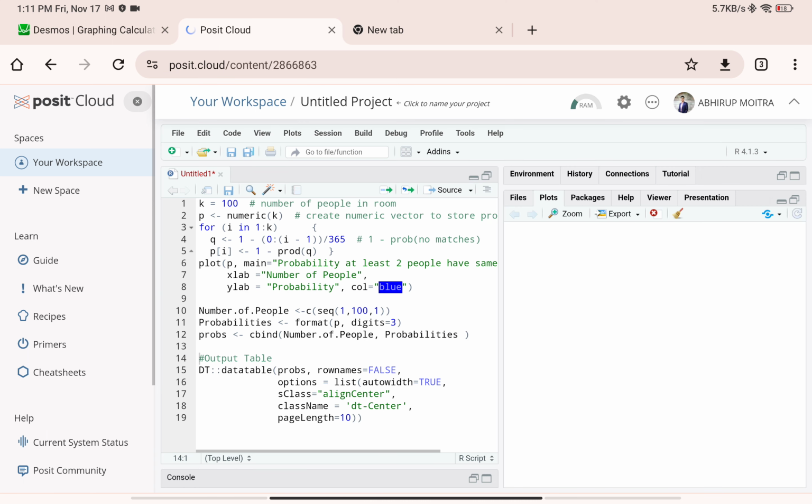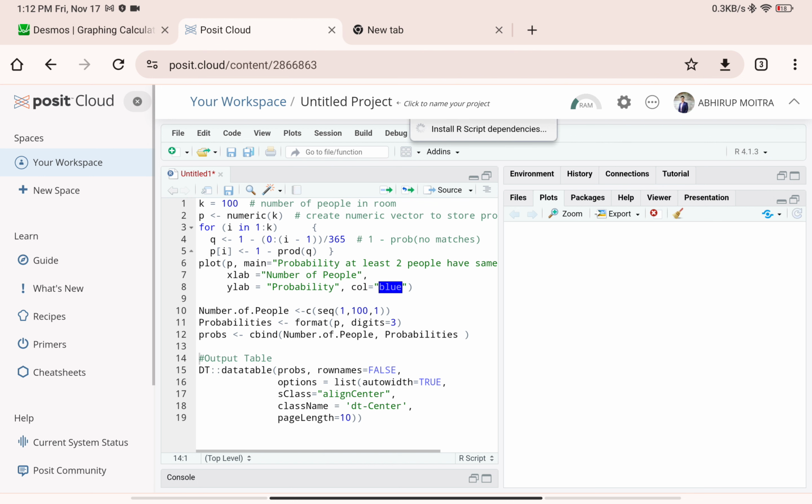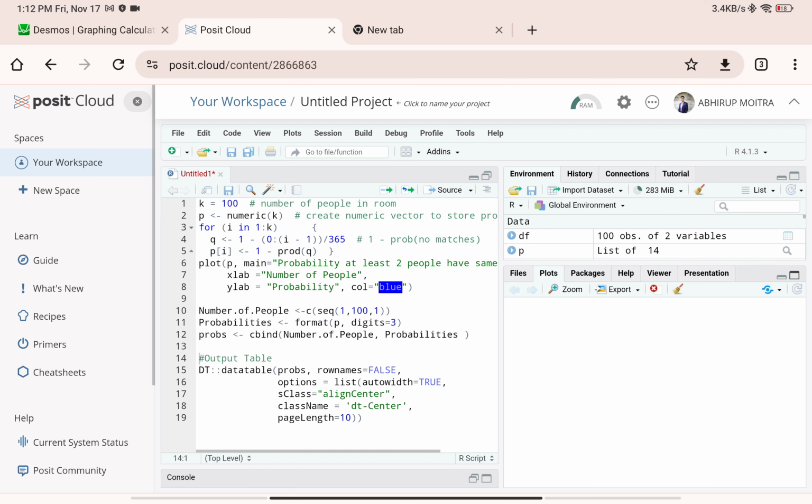I have written some code to help you understand the visualizations, how the things are computed. It says we need to install the DT package, so I hope it is installing.